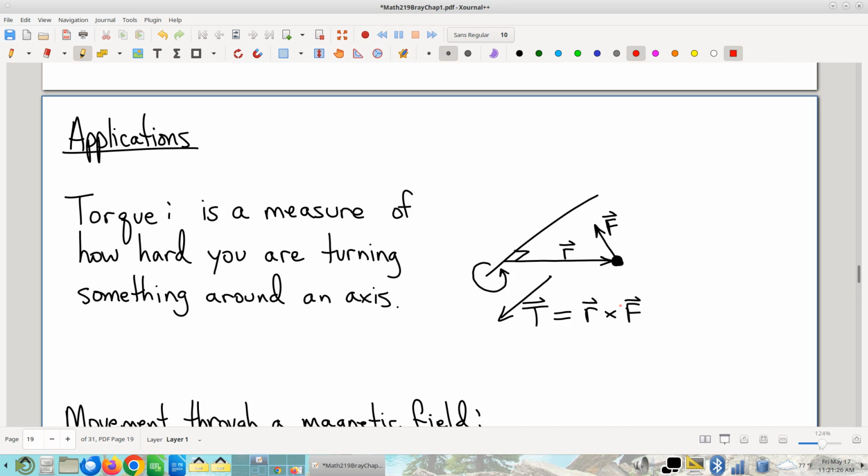You may have heard people talk about torque in relation to car engines. Some cars have a lot of torque, and they'll brag about how much torque the engine has, because car engines make the drive shaft turn. So it's a natural way to talk about it.